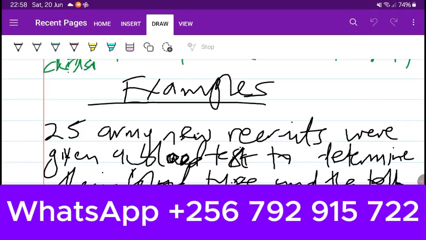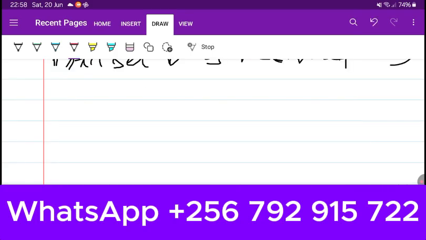So let's look at the data. Let me write the data. We have blood group A, blood group O, blood group B, blood group A, and then finally blood group AB. So they are just in columns.